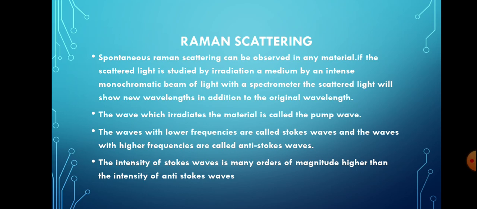Suppose there is a material, and when the light wave is incident on that material, that light will be scattered, and the scattered light will contain different wavelengths.